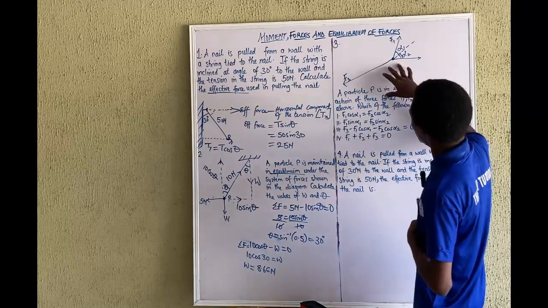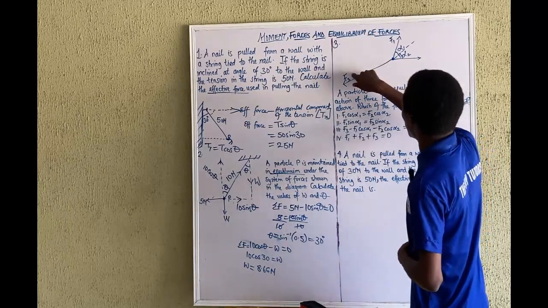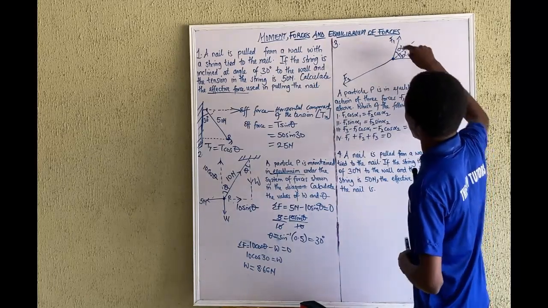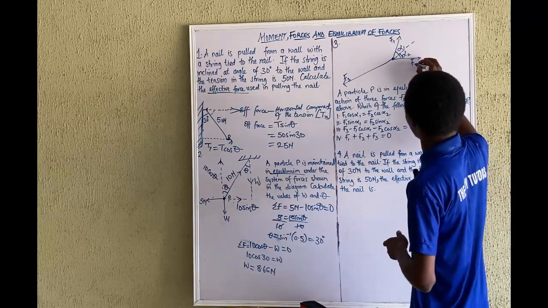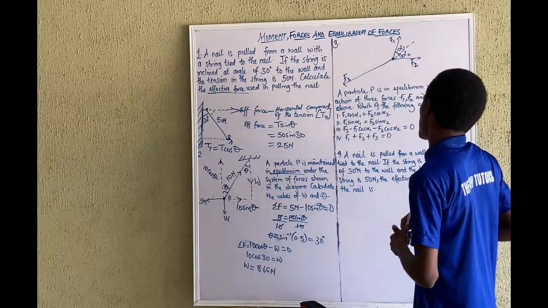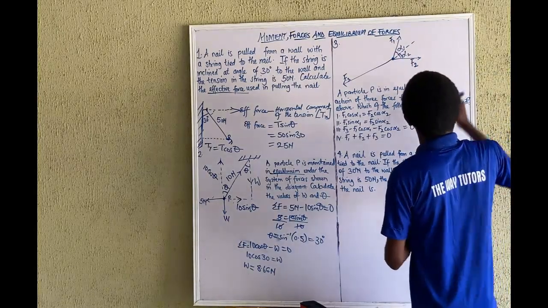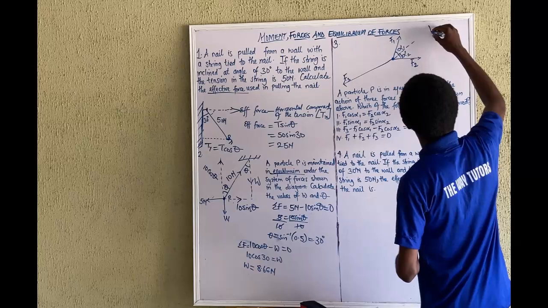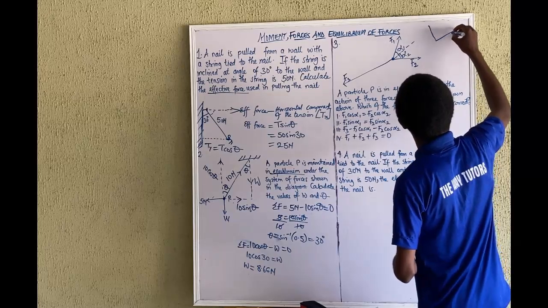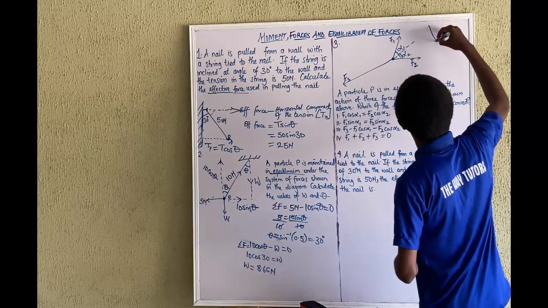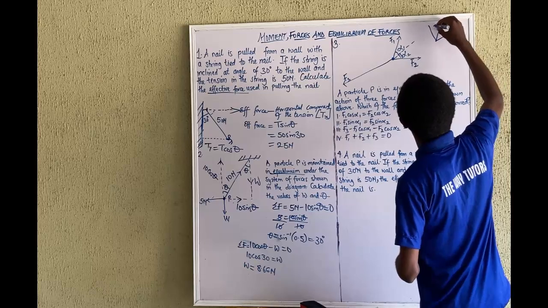Now, a question like this: this is F3, this is F1, this is F2. You can remove this and take them on their own like this, where you have F1.